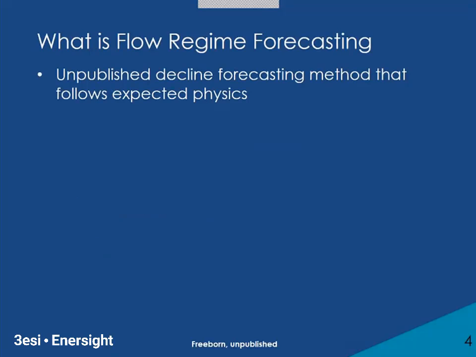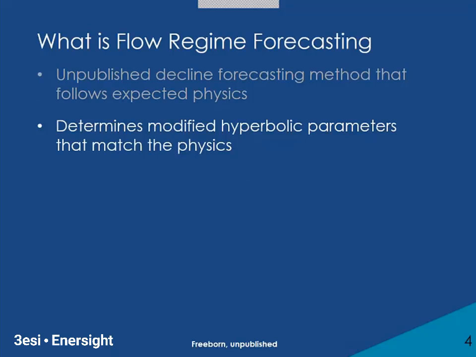So this whole concept of flow regime forecasting, first of all, it's not been published yet, but it is a decline method that I believe honors the physics that we expect to have for unconventional reservoirs. What it does for you is it determines the coefficients for a modified hyperbolic pair of equations.